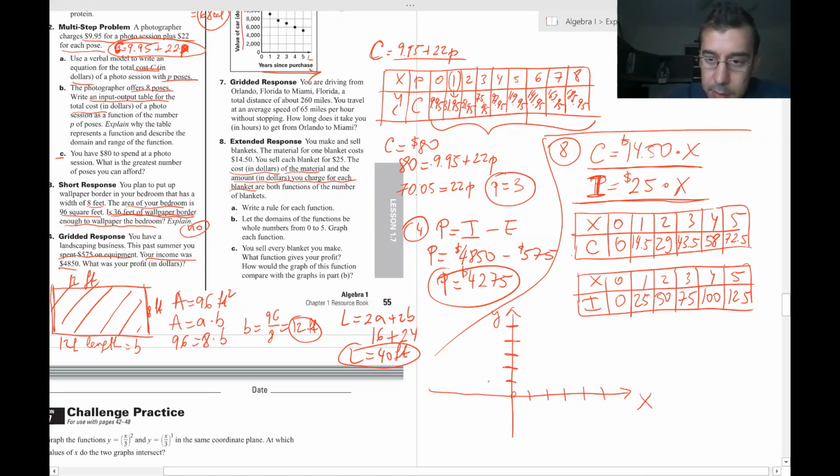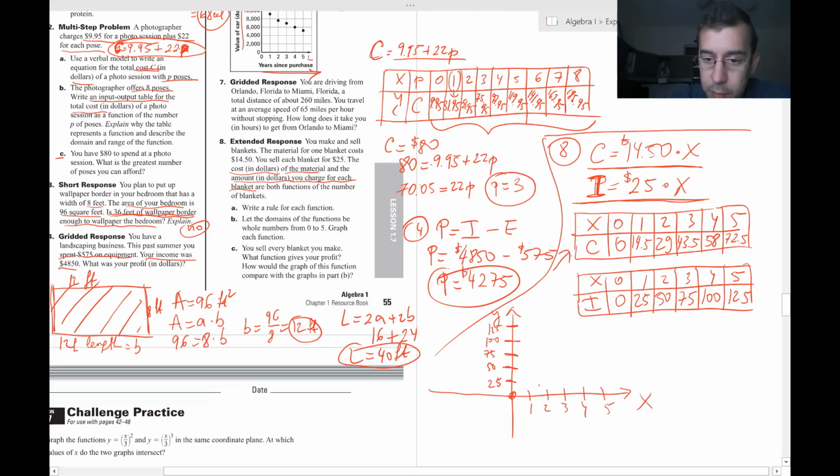So this is 25, 50, 75, 100, 125, and this is 1, 2, 3, 4, 5, 0, 0. For both functions, 0, 0 are the points, the first points. Then let's draw first this function.